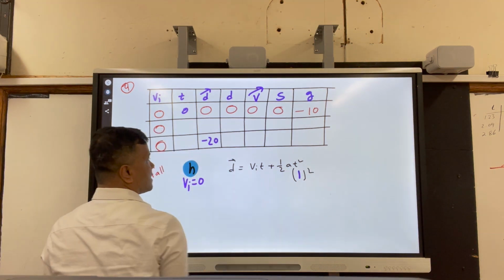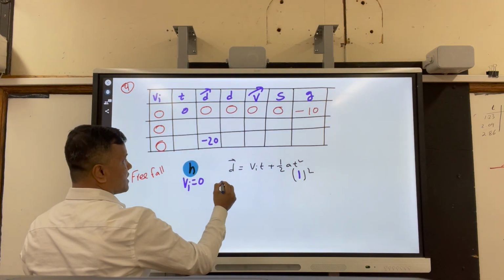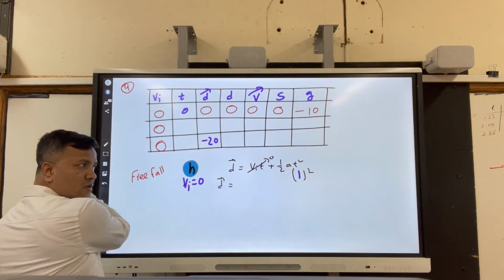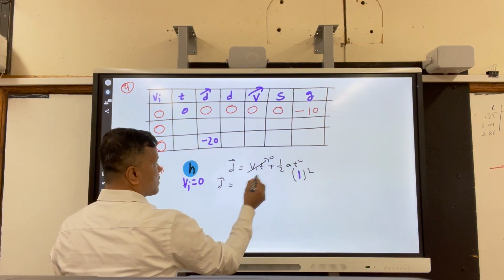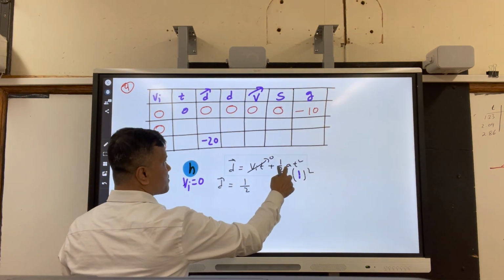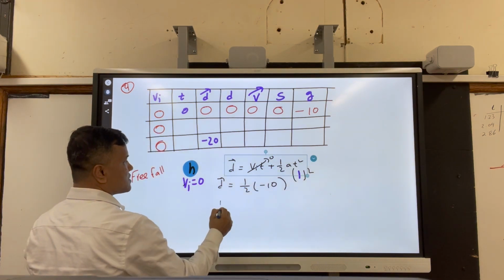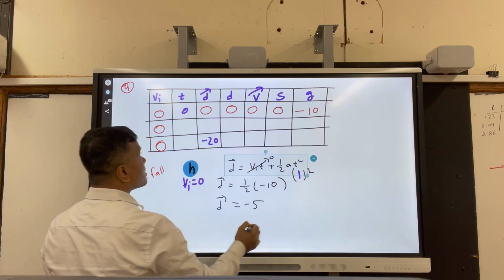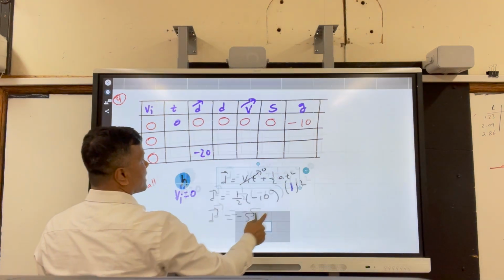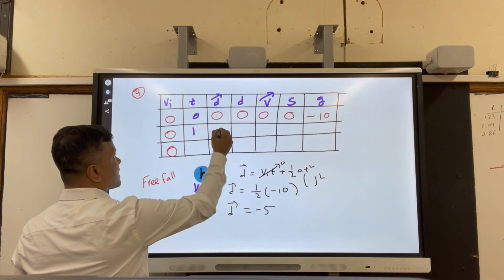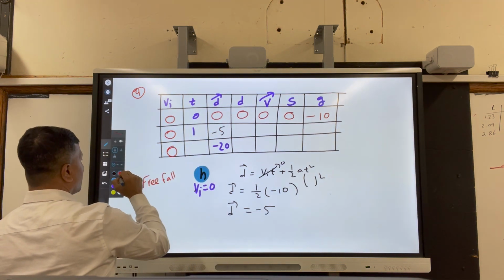Why is this 0? It's free fall, dropping. So this is half. Acceleration would be, of course, -10, and that 1 is squared. So displacement would be -5. So at the end of 1 second, displacement would be -5, and distance would be 5.